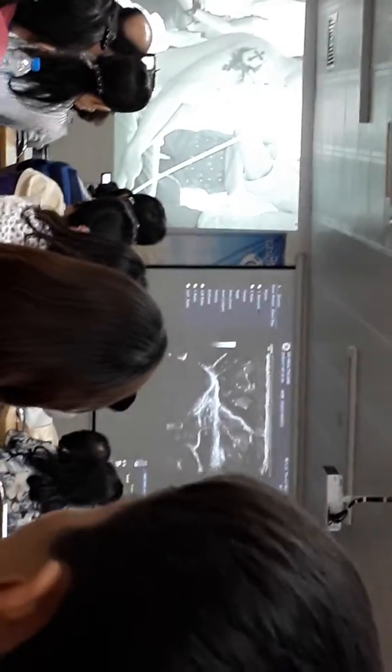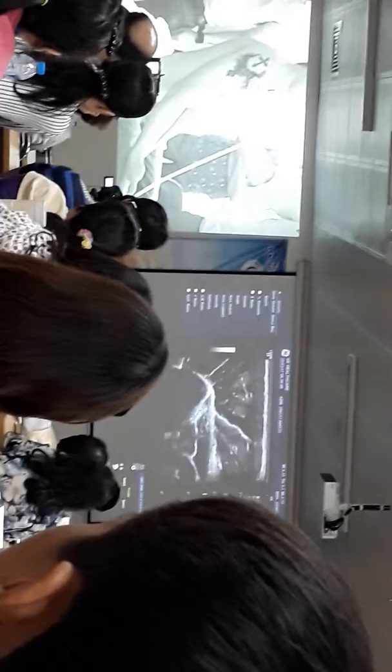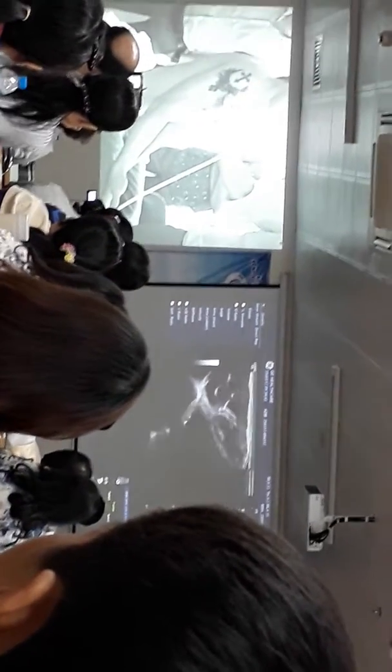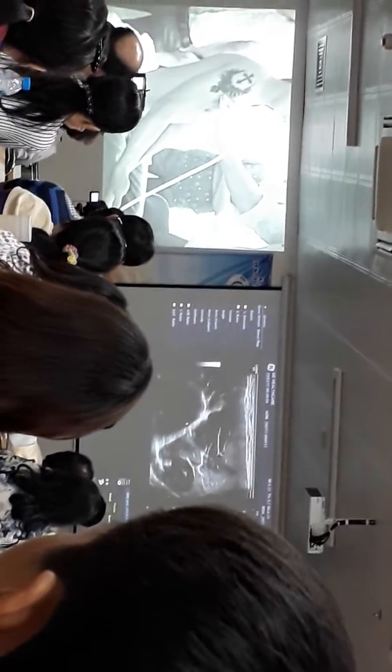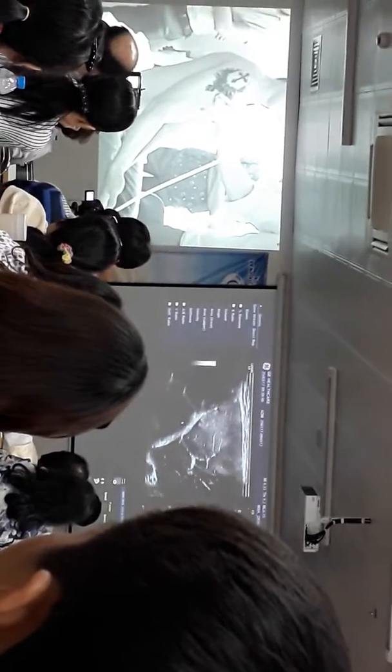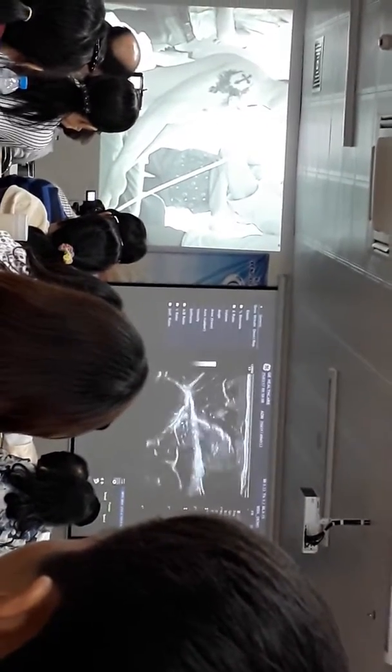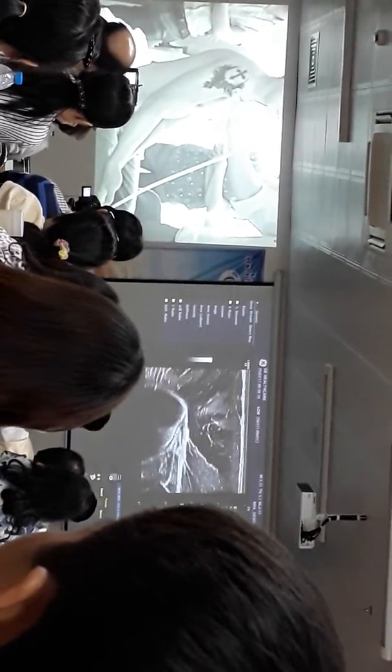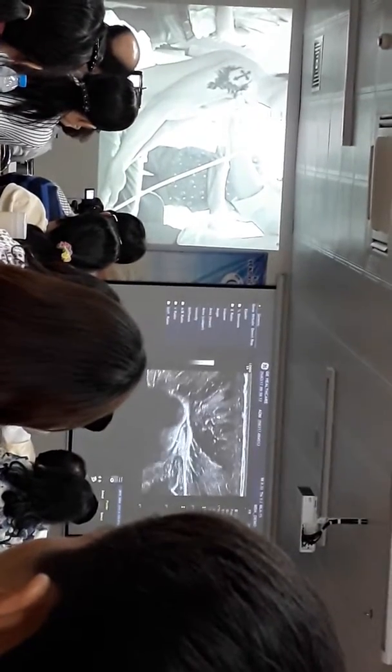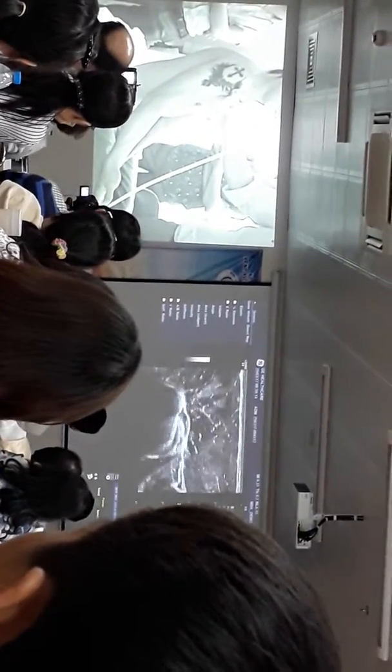So once we get down past there, we're generally into the muscle. So in this area here, it's very common to see some fluid in the long head of biceps.